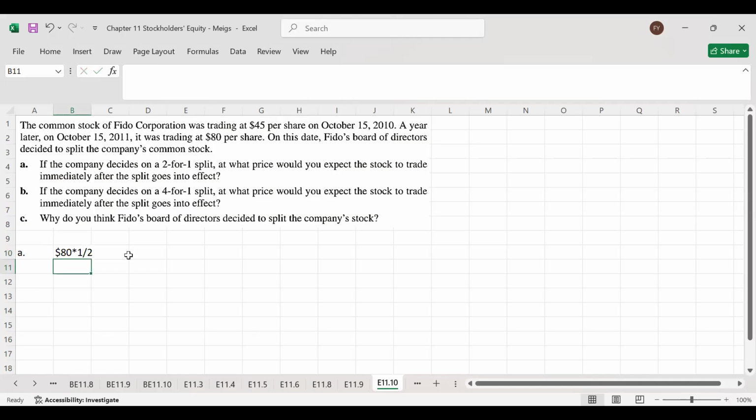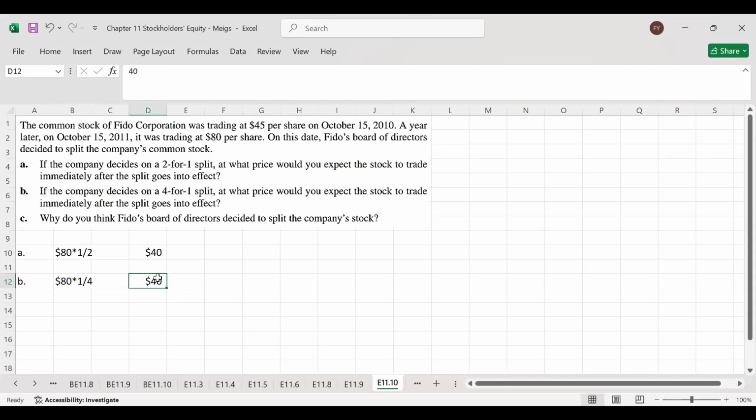So the price would be $40 after the 2 for 1 split. If the company decides on a 4 for 1 split, then again the same requirement. So in part B, 4 for 1 means in this way we are going to divide 80 by 4.